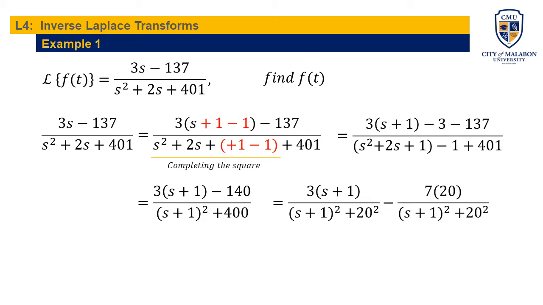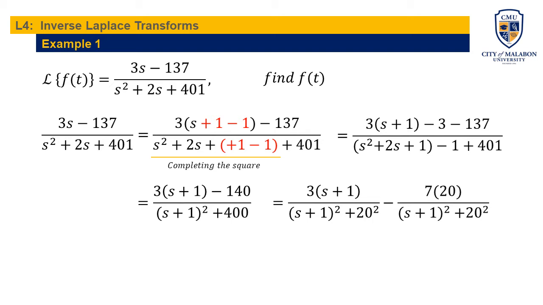So yun na nga, dahil nakita natin na meron siya, pwede natin gamitin yung linearity theorem, paghihiwalay natin tong dalawang term na to. So, dun sa first term natin, 3 times s plus 1 all over yung ating denominator. Okay? Minus 7 times 20 all over s plus 1 squared plus 20 squared.